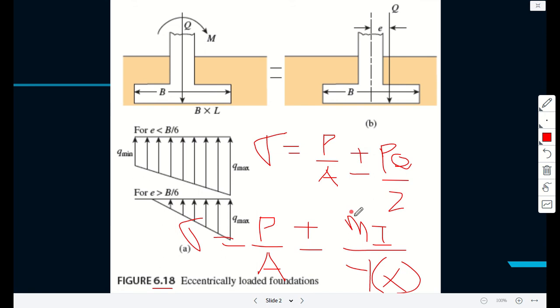If the moment is in the x direction, then you divide by y. If the moment is in the y direction, then you divide by x.